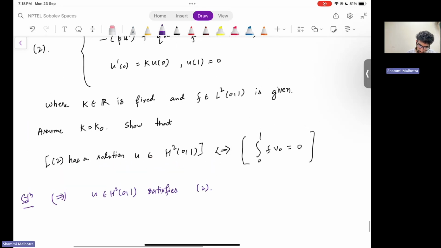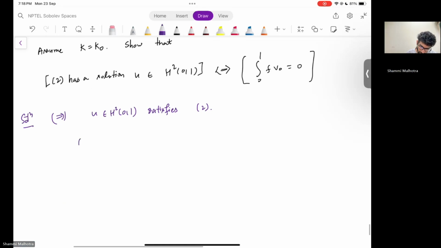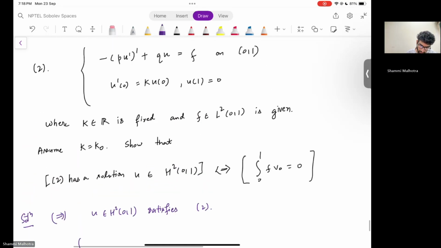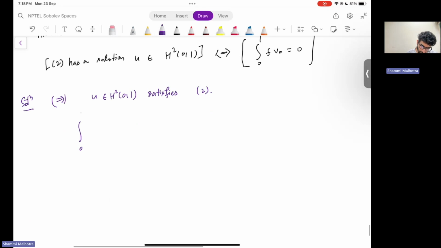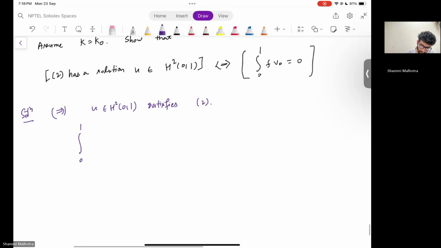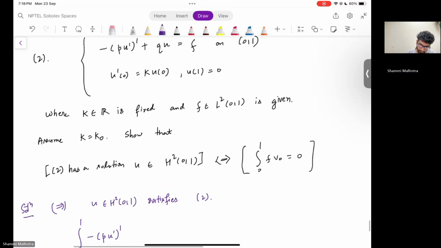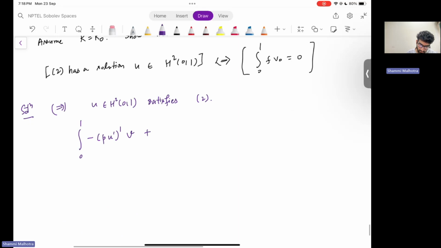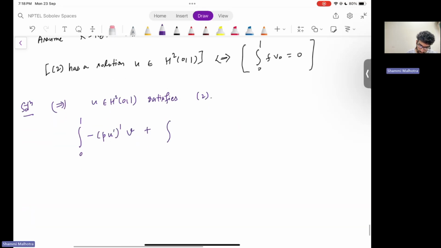That means in the weak sense we have this thing: integration of 0 to 1 of minus (p u')' v plus integration 0 to 1 q times v equal to integration of 0 to 1 f v. So this holds.